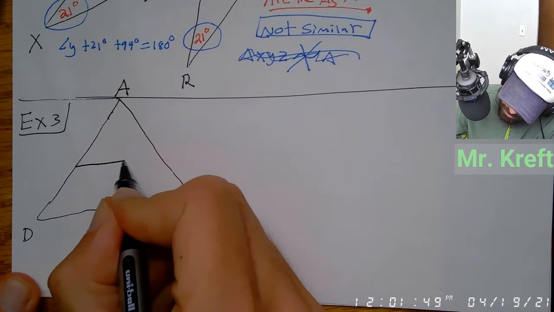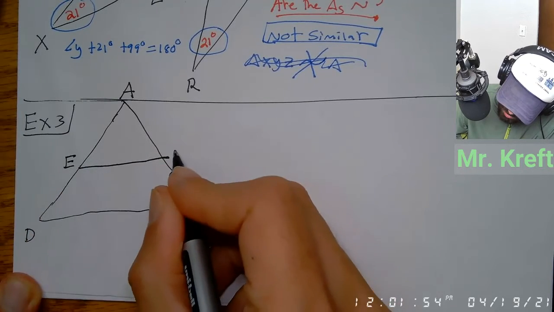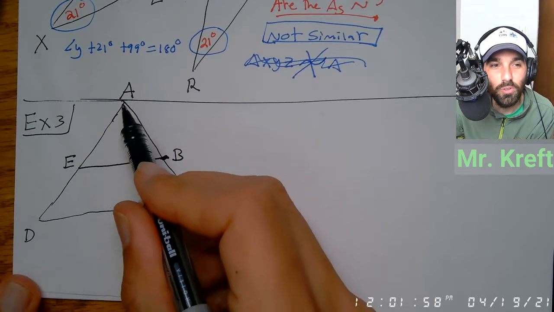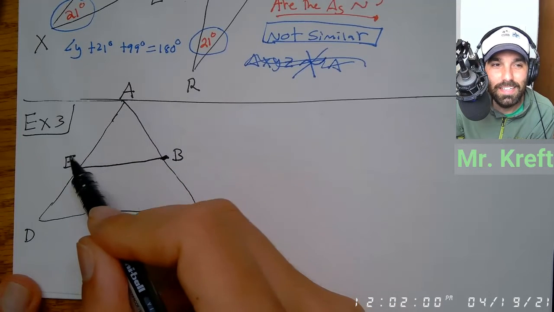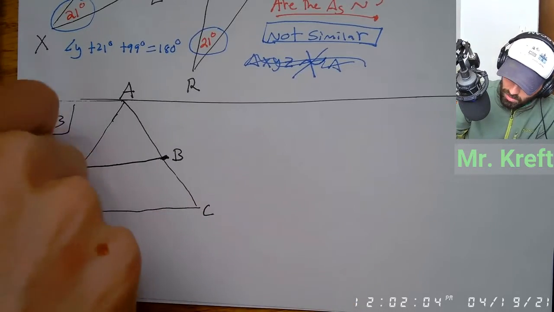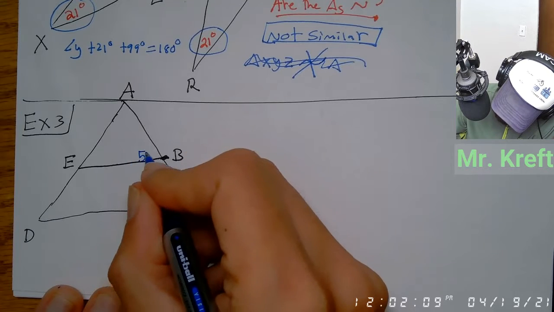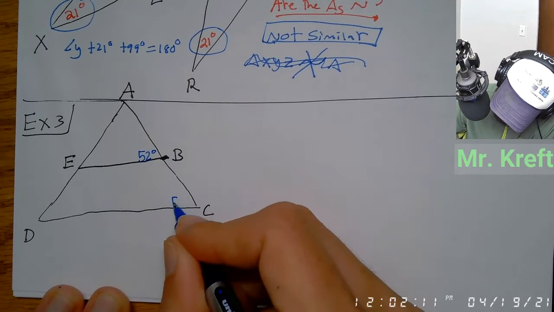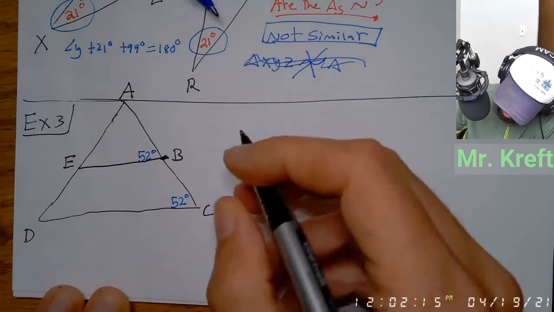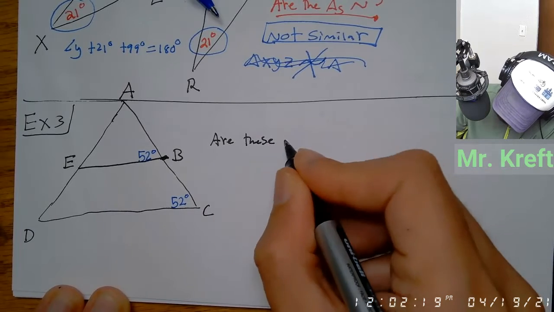Then I'm going to overlap two triangles, and I really want you to pay attention: this small triangle fits perfectly into the top of the bottom triangle. This angle right here is 52 degrees, and this angle right here is 52 degrees. My question is, are these triangles similar?